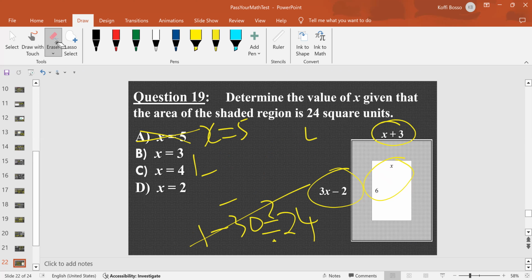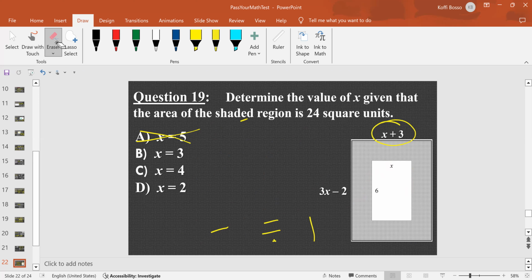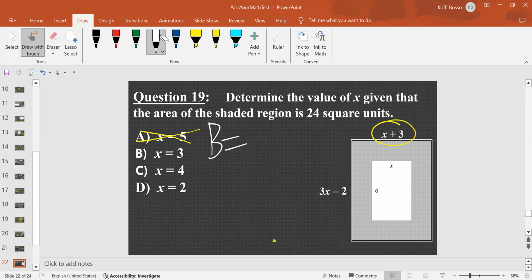Now let's replace x by 3 to check. For the big rectangle, if you replace x by 3, the area of that big rectangle will be 6, because 3 plus 3 is 6, multiplied by, you replace x by 3 here, you have 7.